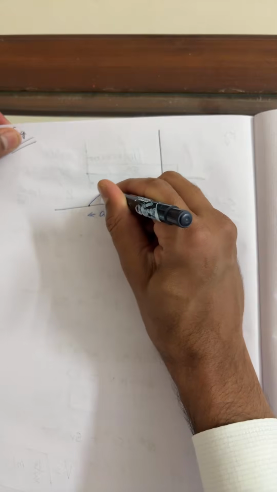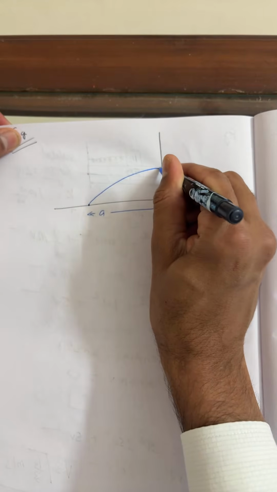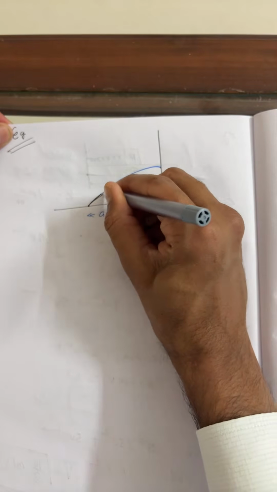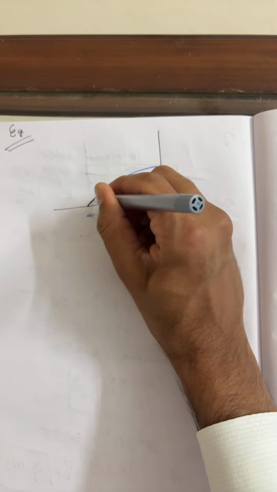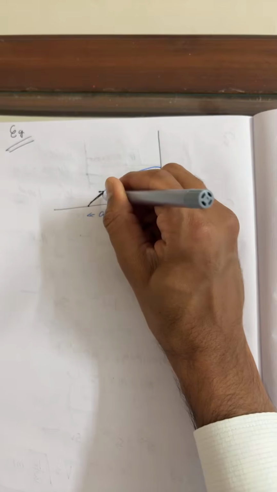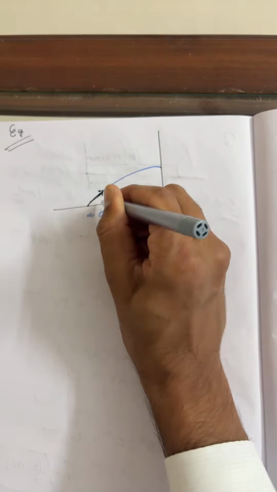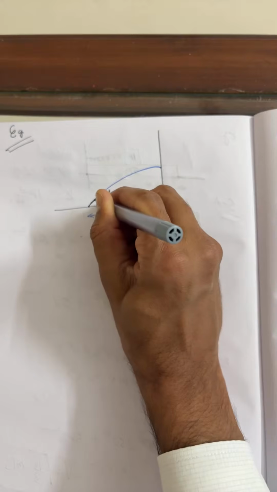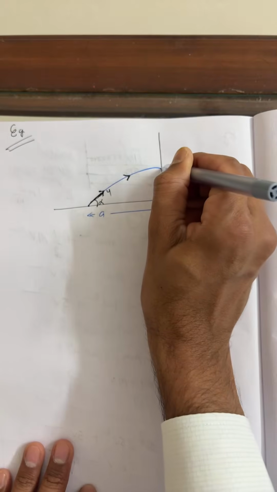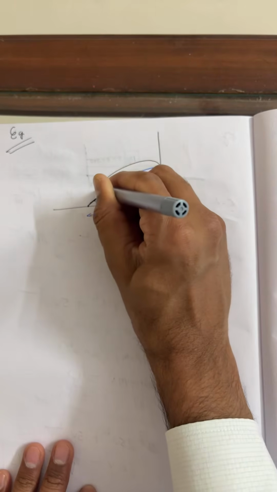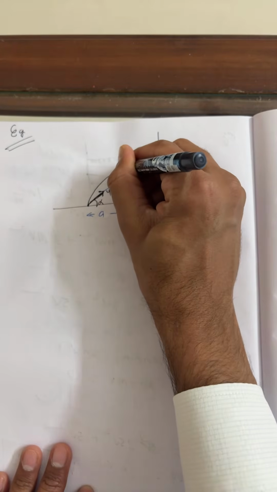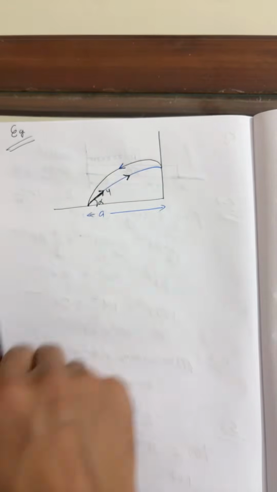Particle basically hits the wall. Let us say the initial projection speed is u meter per second. This angle is alpha. This particle finally hits over here. Now this particle again comes back.